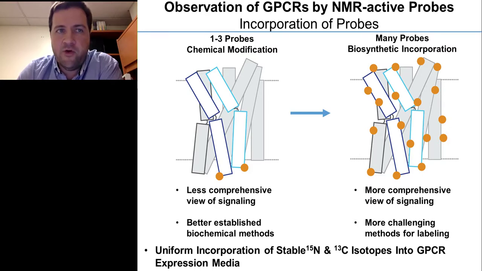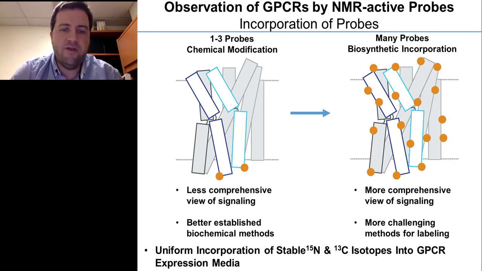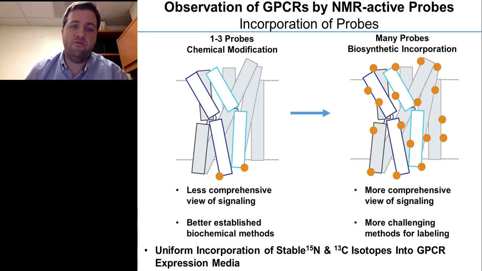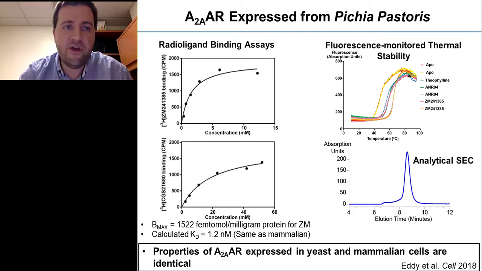This is more challenging for a number of reasons, but we typically take the approach of uniform incorporation of stable nitrogen-15, carbon-13, and deuterium isotopes directly into the GPCR expression media. And for this, we're expressing our protein in yeast, or Pichia pastoris.